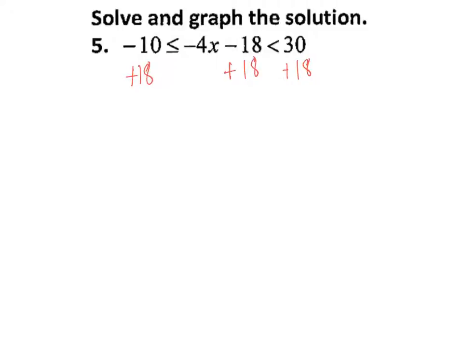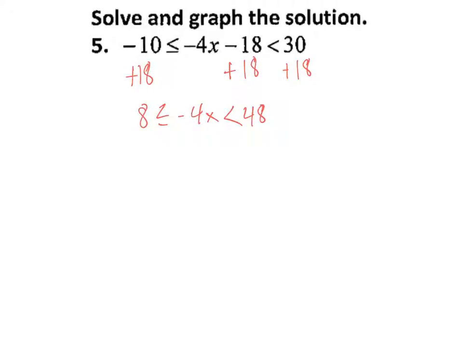All right, so negative 10 plus 18 is 8. And 30 plus 18 is 48. Okay, and now next. You divide by 4x on all sides. What do I want to get by itself in the middle?